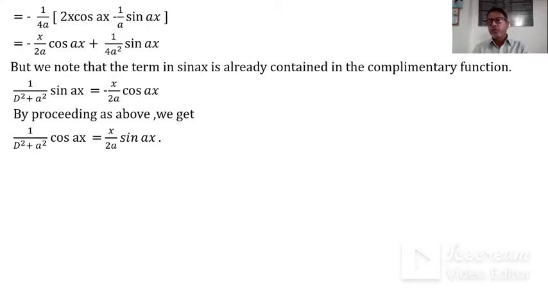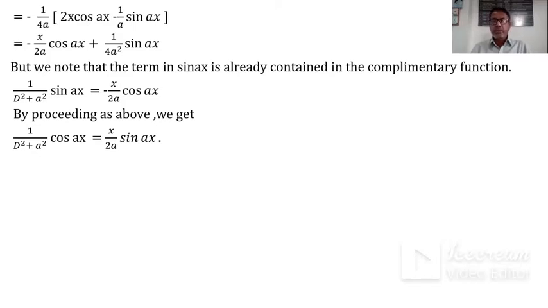Now here we want to see what is the effect of this inverse operator 1 upon d square plus a square on sin ax or cos ax. In other words, we want to find the solution of the differential equation d square plus a square operate on y is equal to sin ax or cos ax.